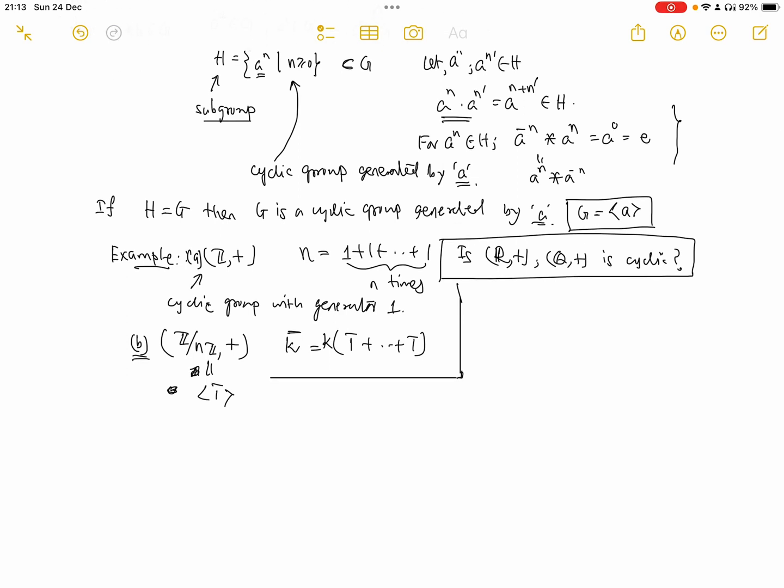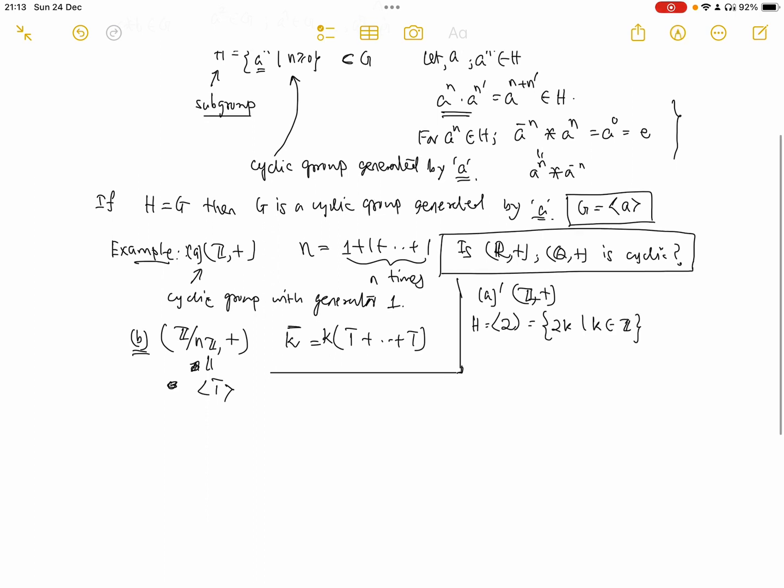So, for example, let me call it A prime because we're taking the same group Z. You can take any non-trivial element, say 2, and talk about the subgroup generated by 2. This means all multiples of 2, all even integers. So this is a subgroup, and a proper subgroup because it is strictly smaller than Z.